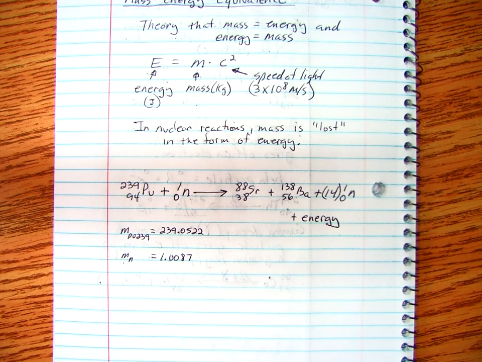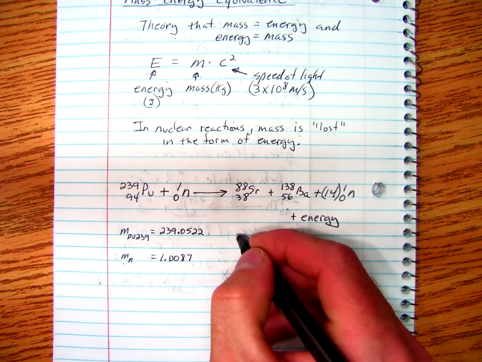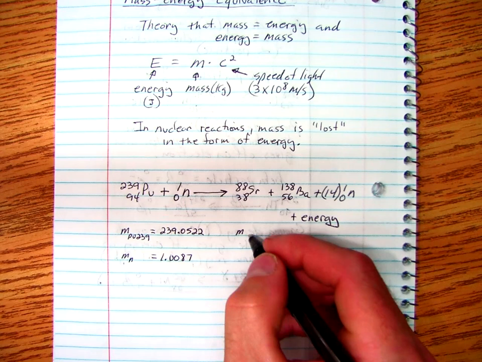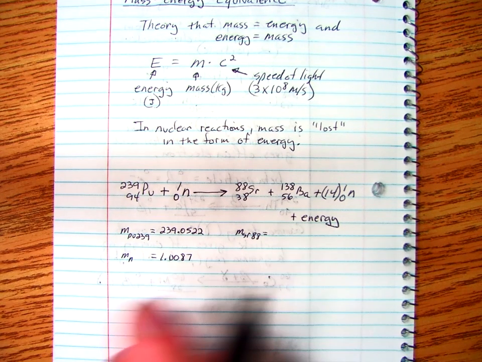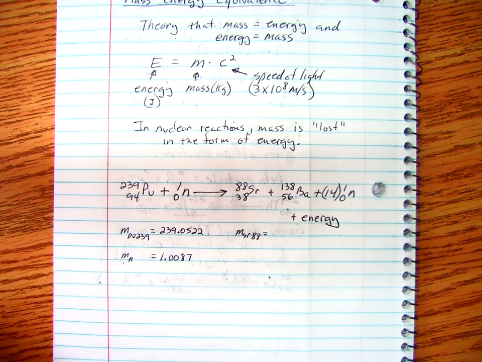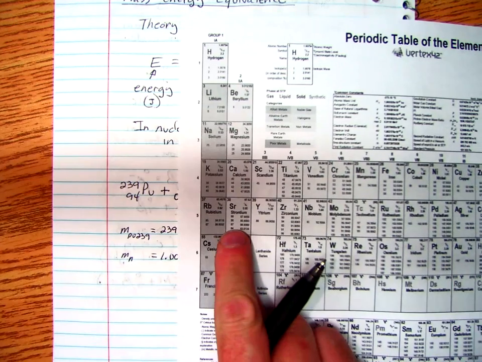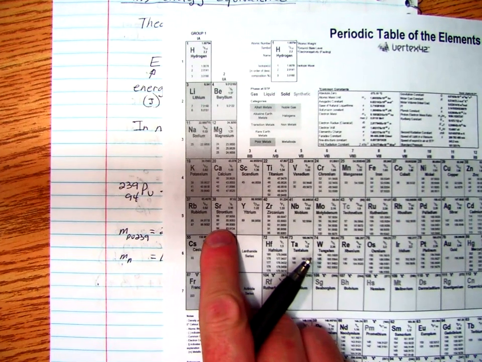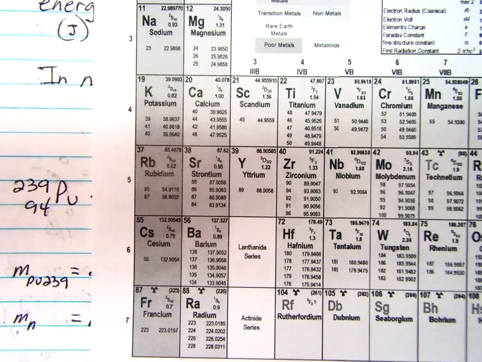Next, we need to know what is the mass of strontium-88. And so we're going to look again at the periodic table. Here's strontium. We're going to zoom in. And strontium-88 has an atomic mass of 87.9056.